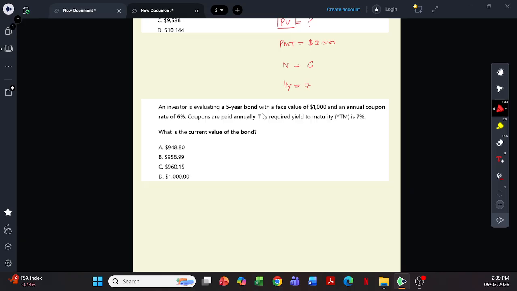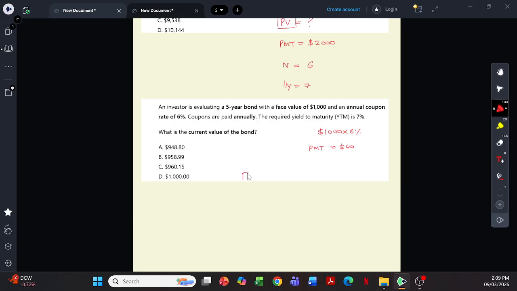An investor is valuing a 5-year bond with a face value of 1,000 and an annual coupon rate of 6%. The dollar value of the coupon is always calculated as the coupon rate multiplied by the face value. So we're going to do 1,000 multiplied by 6%. That's going to give us $60 as the payment that we're going to receive for this bond for the next 5 years.